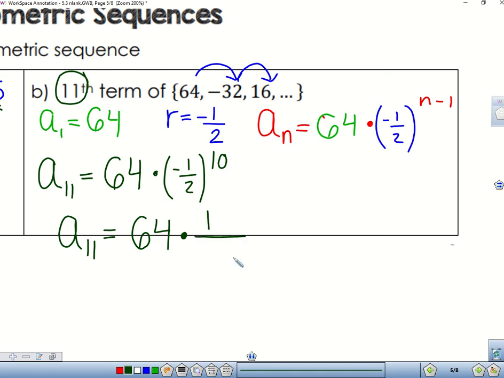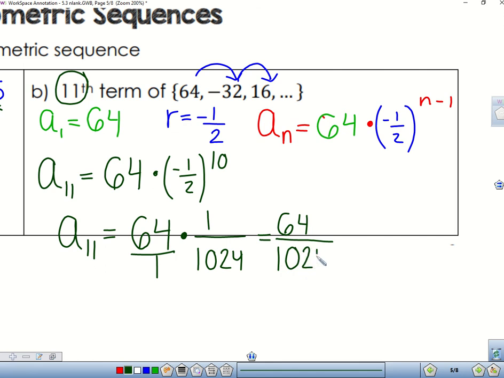And then 2 to the 10th power, the calculator will tell me, is 1,024. And it's positive because it's to an even exponent. Now, when you're multiplying a number and a fraction, you just multiply straight across. This is over 1. So 64 times 1 is just 64.